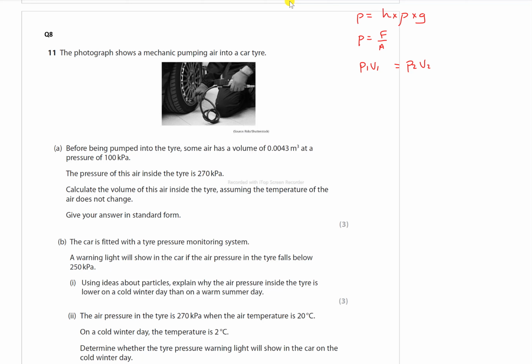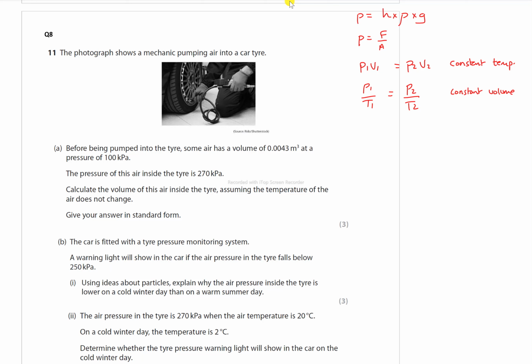We've also learned that P1 over T1 is equal to P2 over T2, at constant volume, and this is constant temperature.